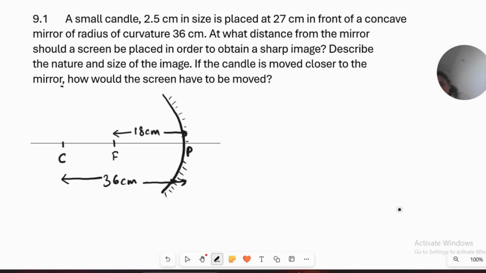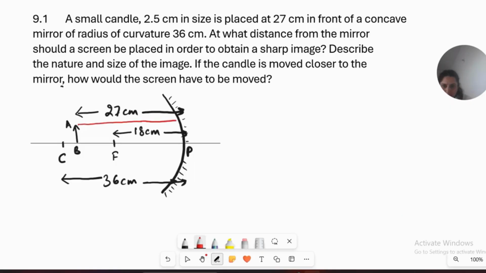So though the distance is given from the mirror, the distance is always measured from the pole. And suppose the object is AB. It is placed 27 centimeter from the pole. Now to form the ray diagram, we'll make a parallel ray falling on the mirror.